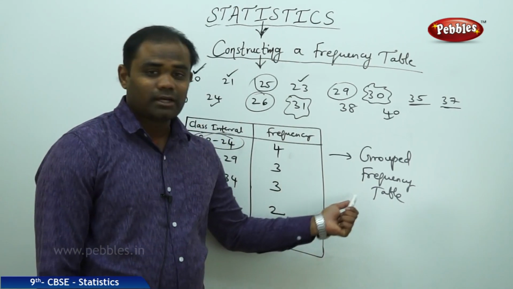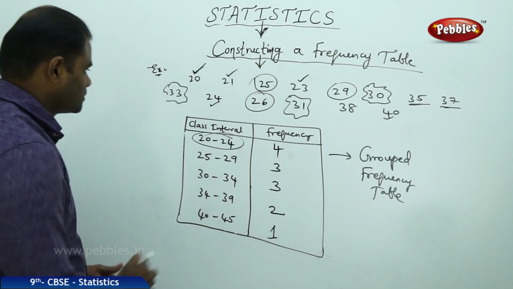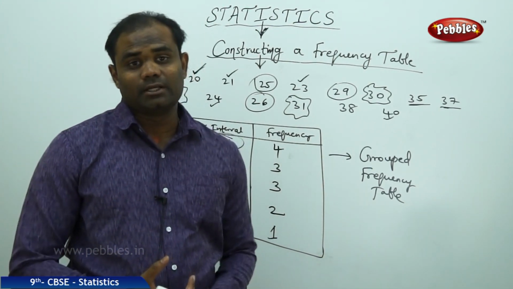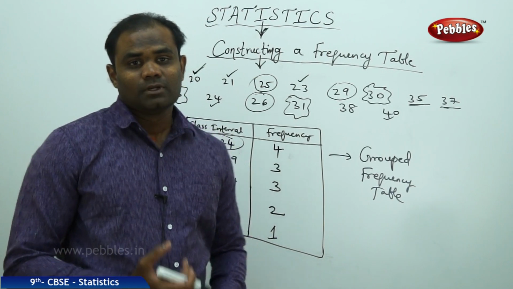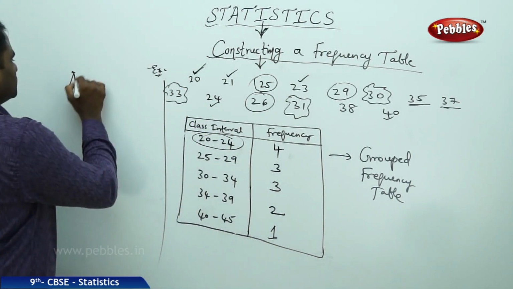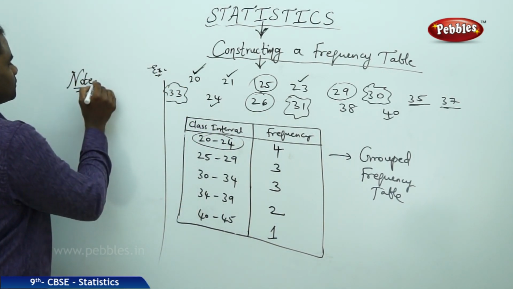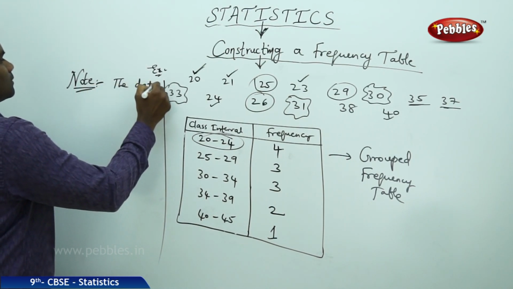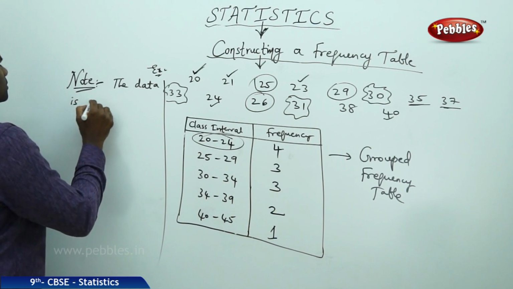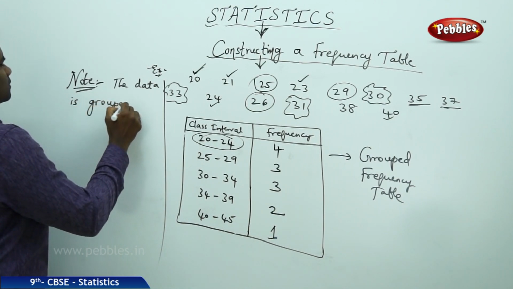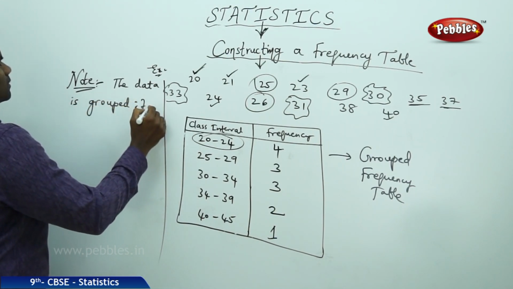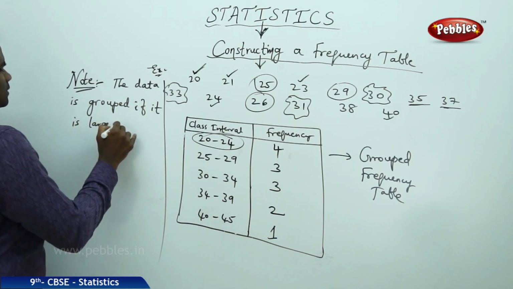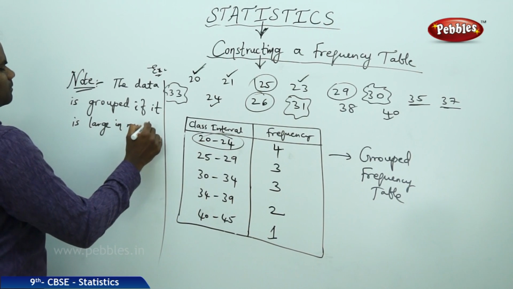So here we make a very important note: when do we group the data and when do we not group the data is the biggest question. So here we have a very important note which makes us understand that the data is grouped if it is large in number.